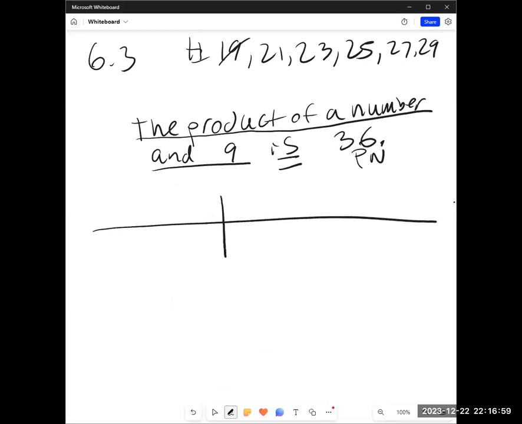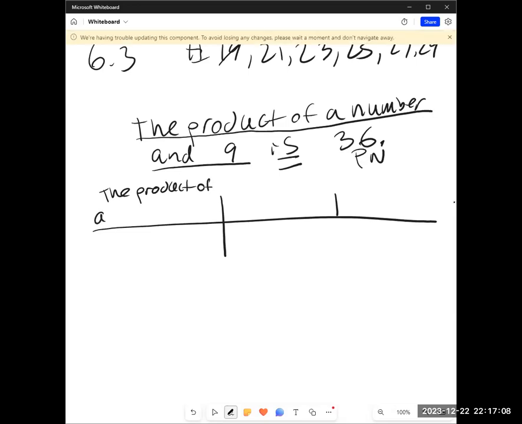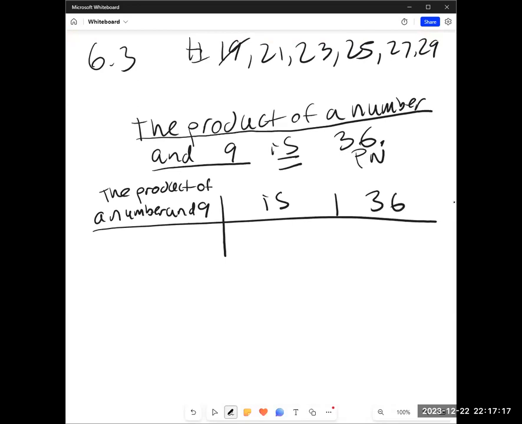So again, the product of a number and 9 is 36.